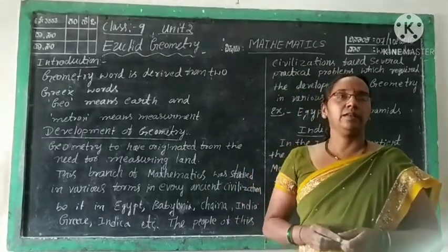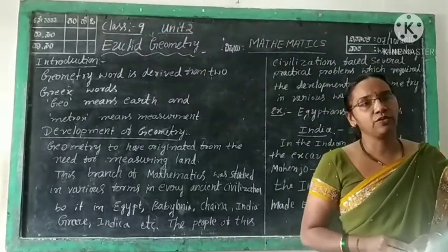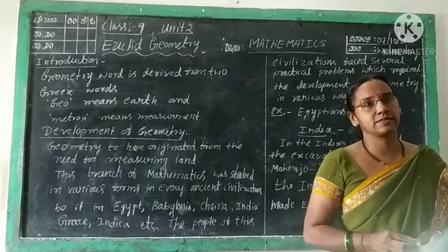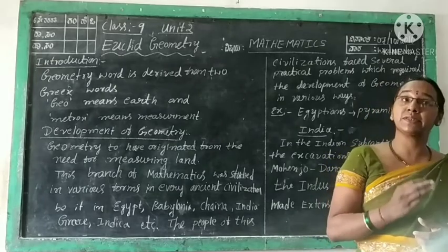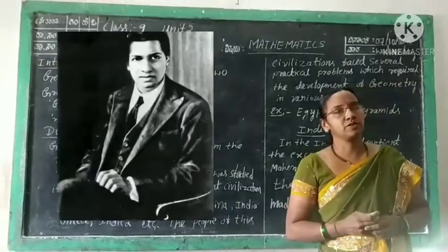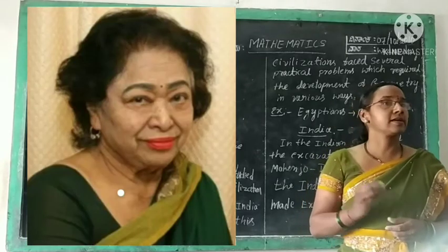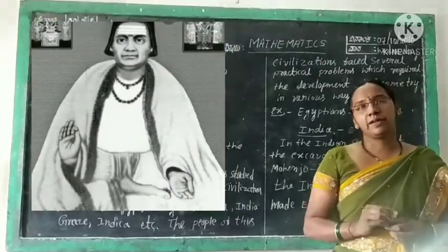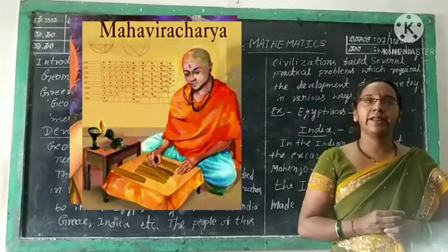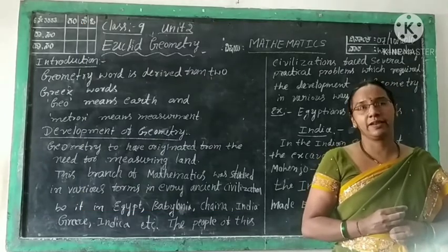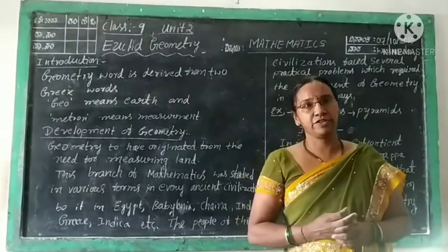In this first unit, we already know the Indian mathematicians, the greatest mathematicians like Srinivasa Ramanujan, Shakuntala Devi, Bhaskaracharya first and second, Aryabhata, Mahaviracharya, etc. All the great mathematicians in India. We already studied this in our 8th standard first unit.